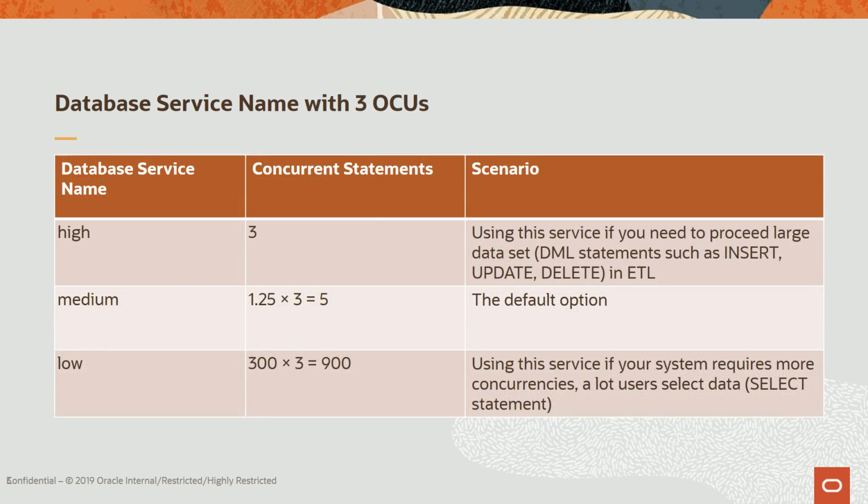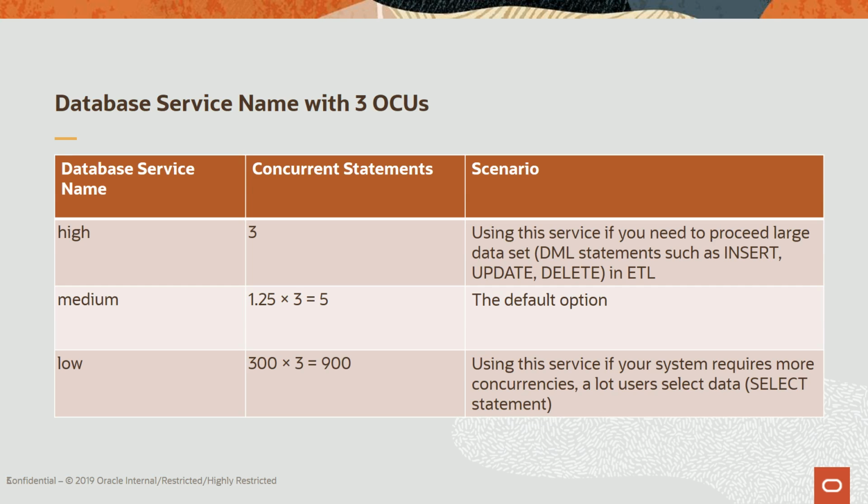So the question here is when we select the high or medium or low service name. Based on my experience and the project we delivered to the customer, I recommend, in my view, using the high service name if you need to process a large data set, and you need to execute insert, update, delete SQL statements in the ETL system.